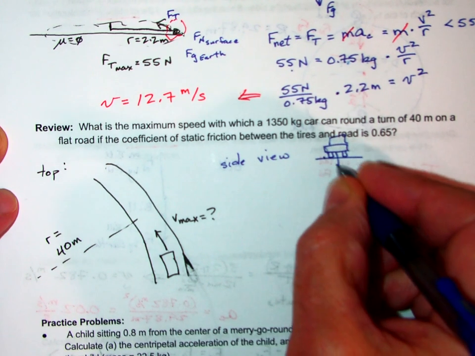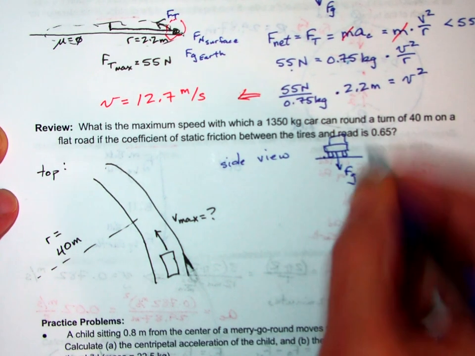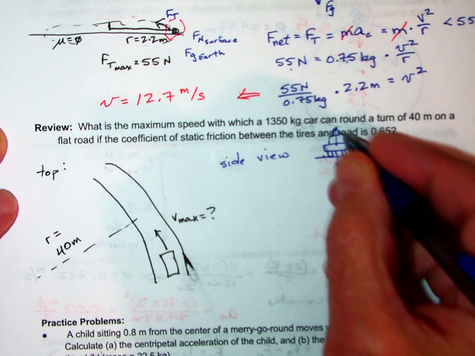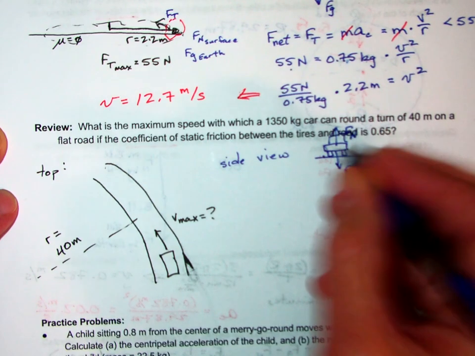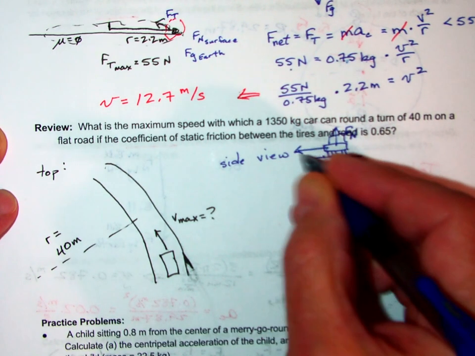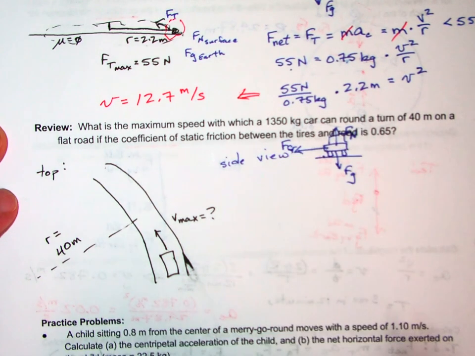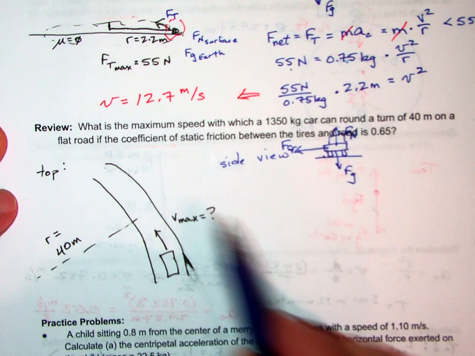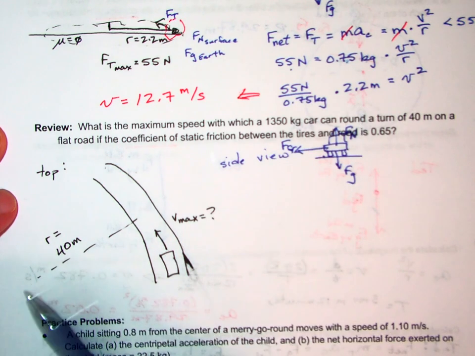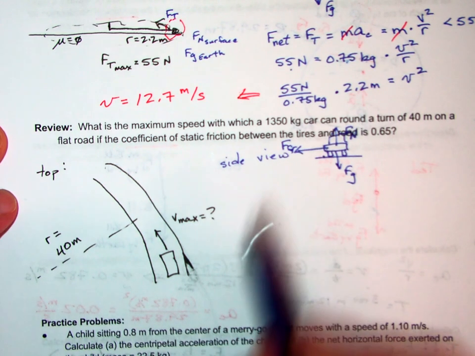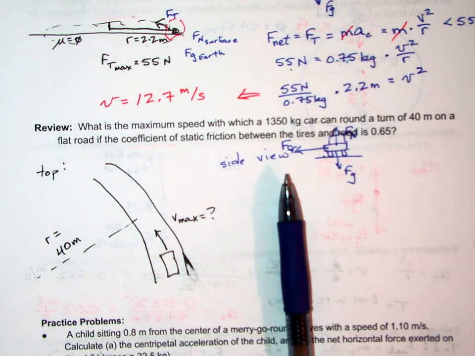It's got gravity and normal force, and the centripetal force that is causing it to go around this curve is from friction.